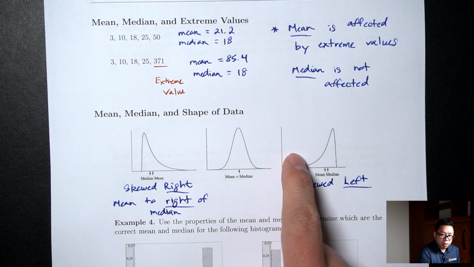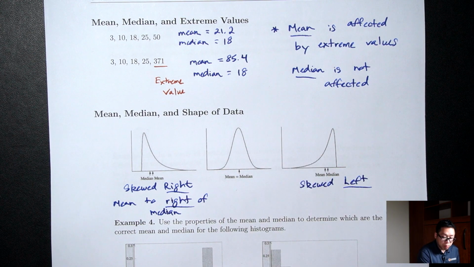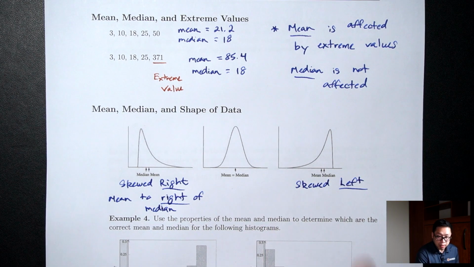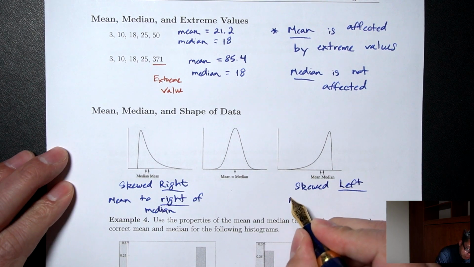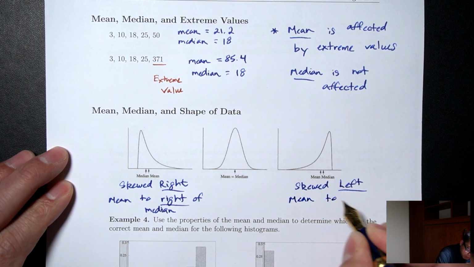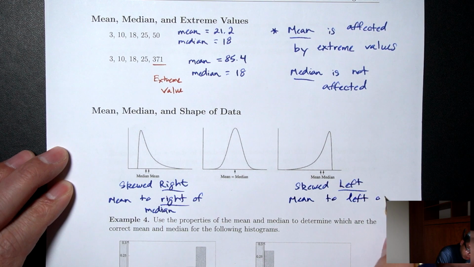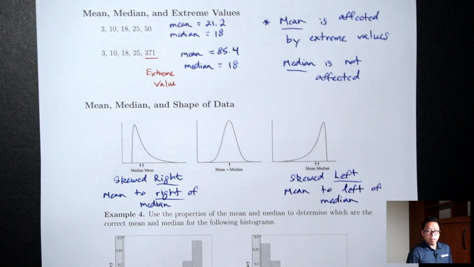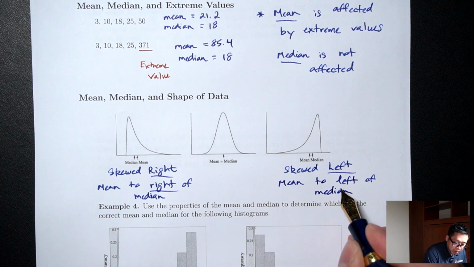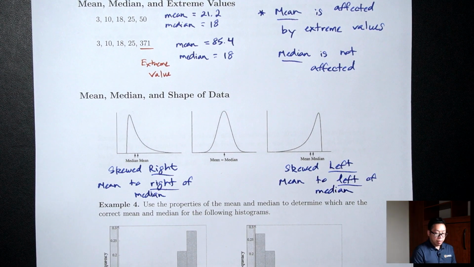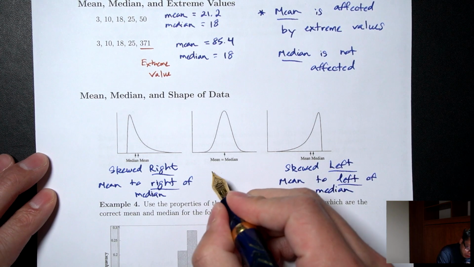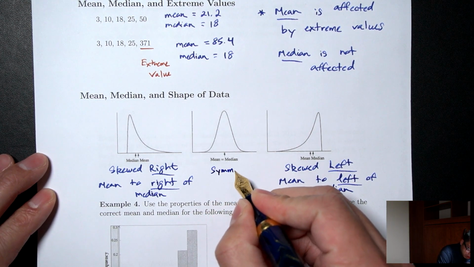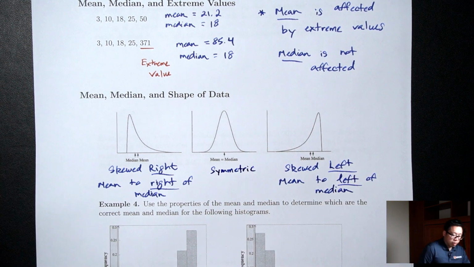So extreme values on the low side will pull the mean downward, which will make the mean to the left of the median. Okay, skewed left, the mean is going to be to the left of the median. And then the picture in the middle, this is symmetric. When data is symmetric, the mean and the median are about the same.